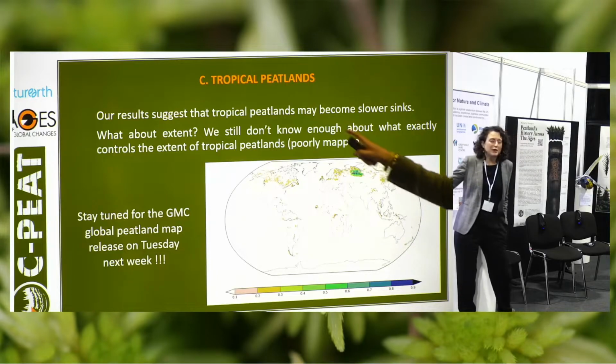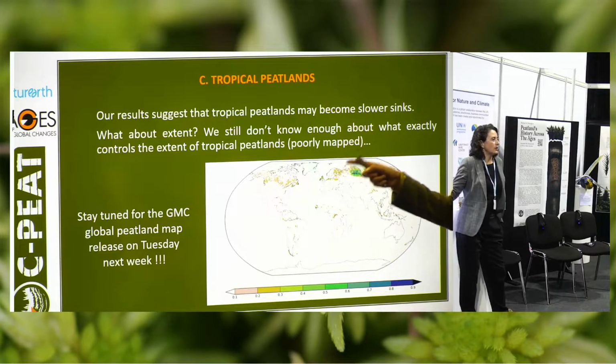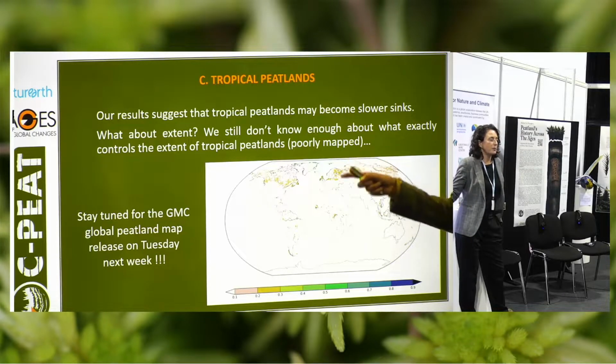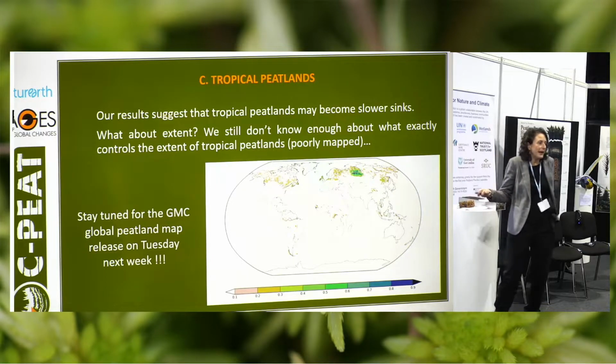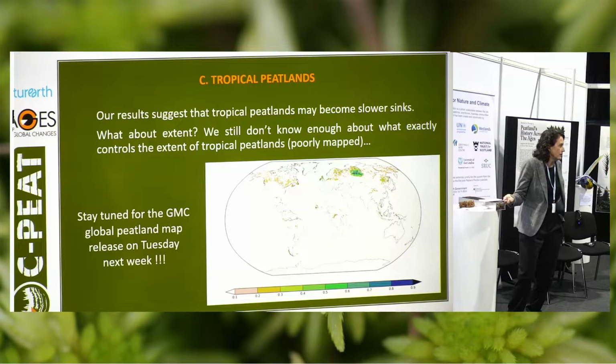But basically, we don't understand very well what controls the exact extent of tropical peatlands in the present time. And so it's very hard to say how that might change in the future. But likely hydrology is key. So if hydrological changes that we know are happening in the tropics, and we hear about drought affecting the big forests in the tropics, those droughts are going to also affect our peatlands, right?